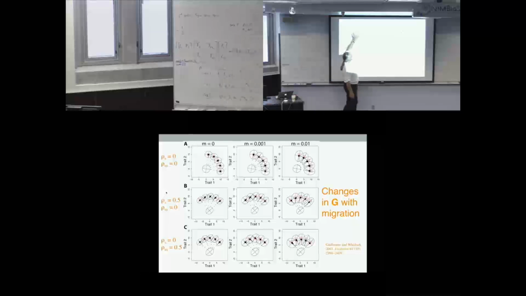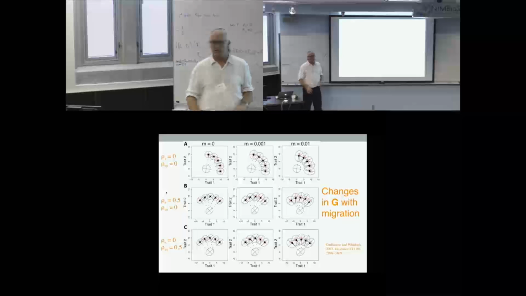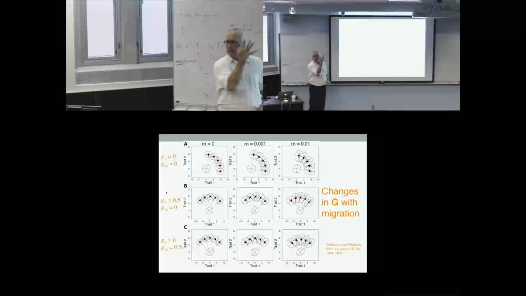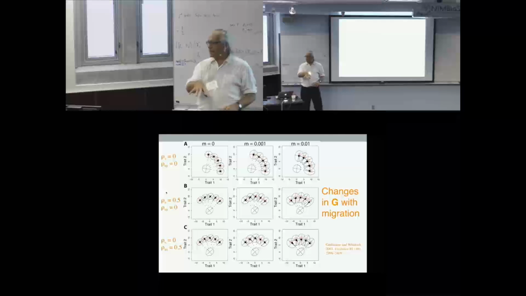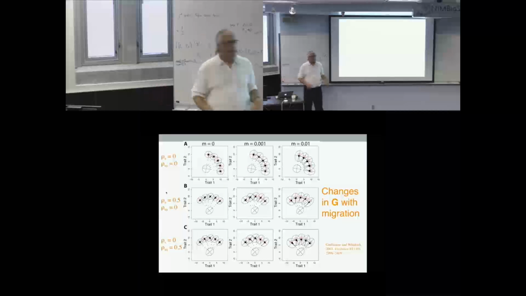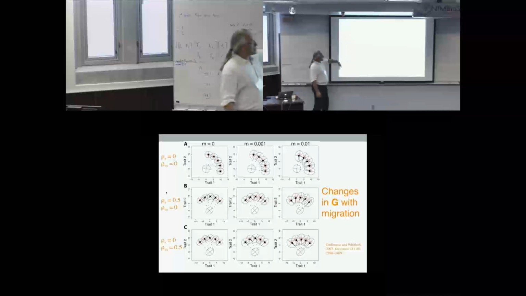Right. So this column over here is the case with no migration. Right. So you've taken this population, you've put individuals into this new adaptive landscape, and you watch evolution, but they no longer have any connection to each other. So this is no migration, and then these next columns are with increasing amounts of migration. The rows on this graph, sorry, this is a big bunch of stuff to be throwing at you.